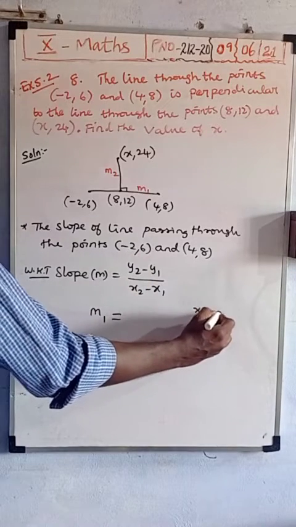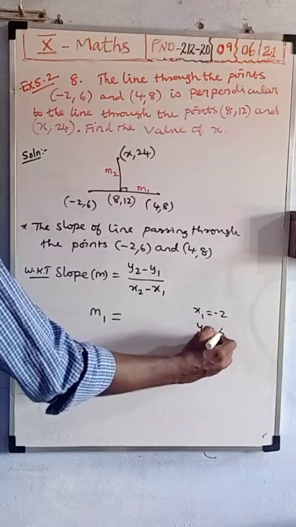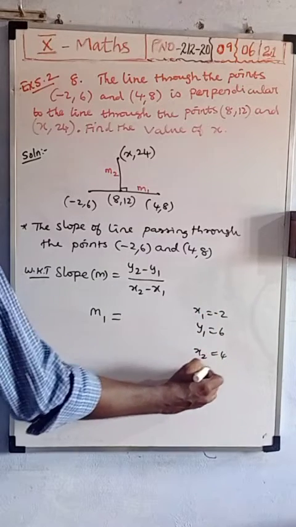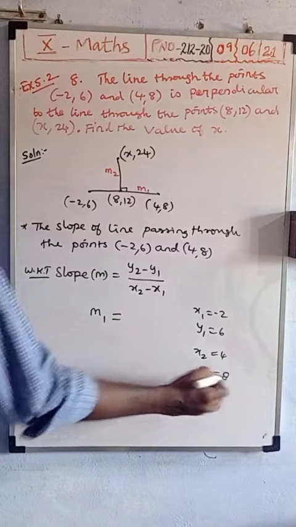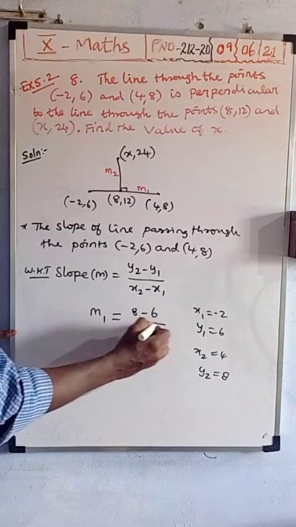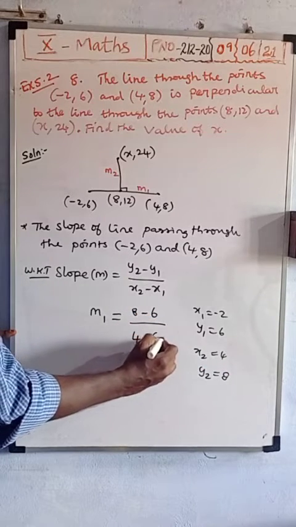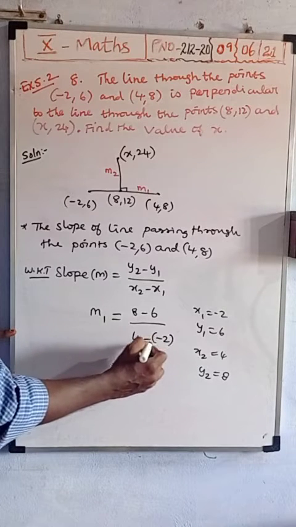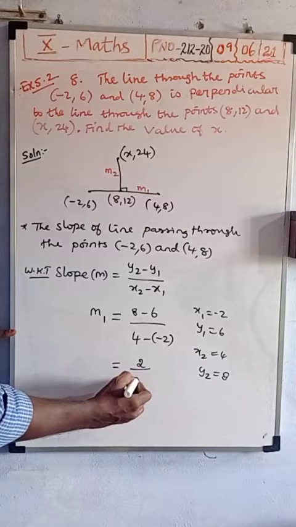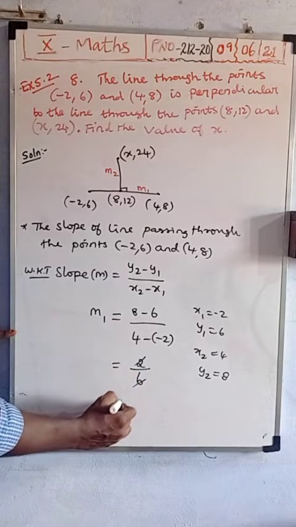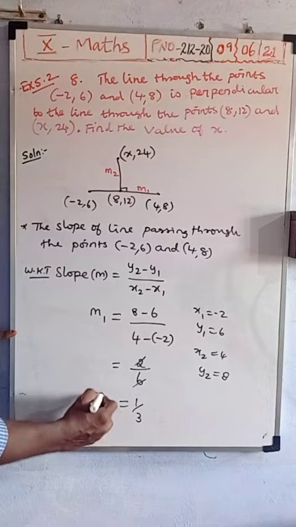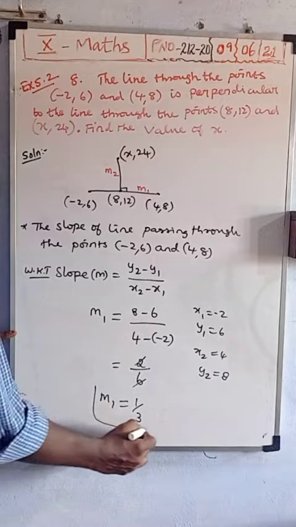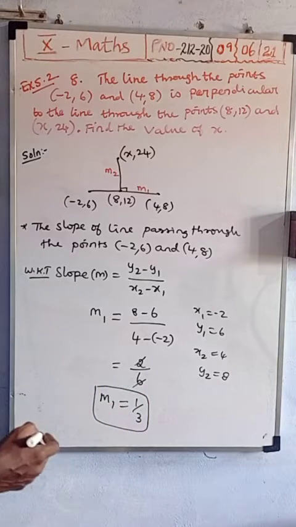Here x1 is -2, y1 is 6, x2 is 4, y2 is 8. So we substitute: 8 minus 6 divided by 4 minus (-2). That is 2 divided by 4 plus 2, which is 2 by 6, which cancels to 1 by 3. This is m1.